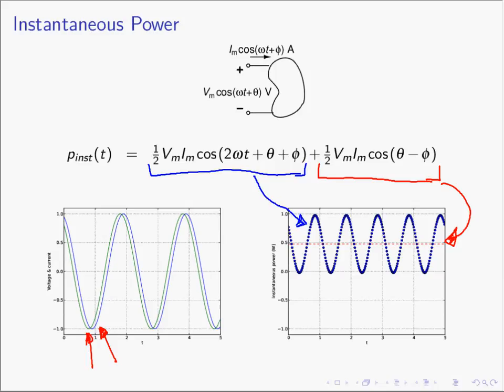Now notice over on the left that we started with a frequency of omega, and the oscillation over here in blue on the right-hand side is actually oscillating at 2 omega, twice the frequency.